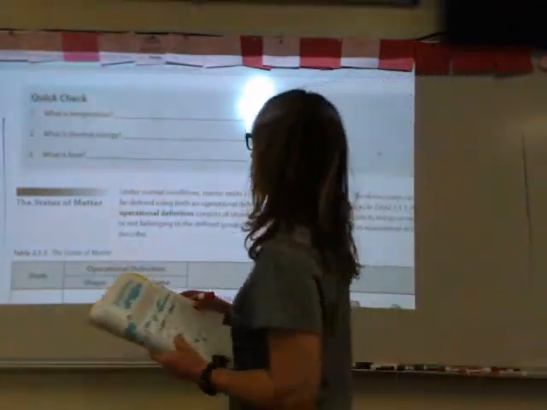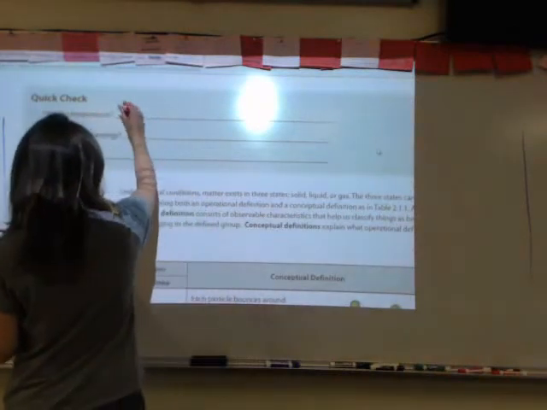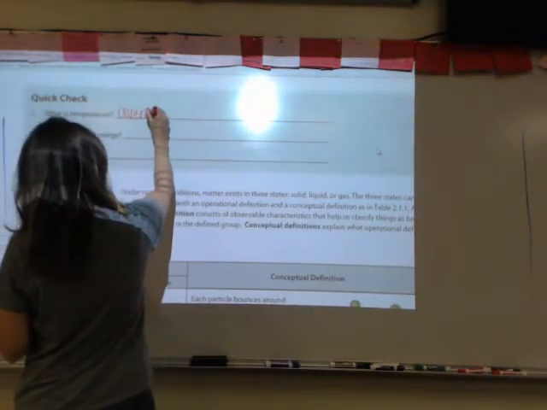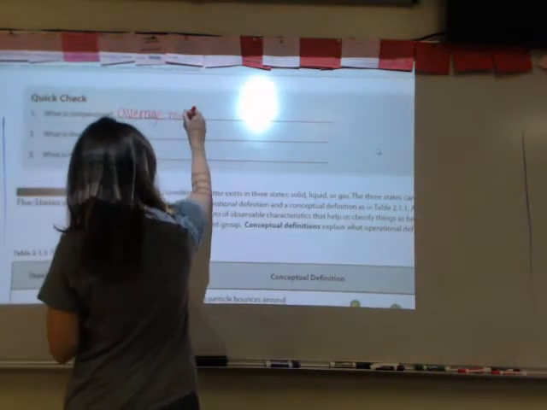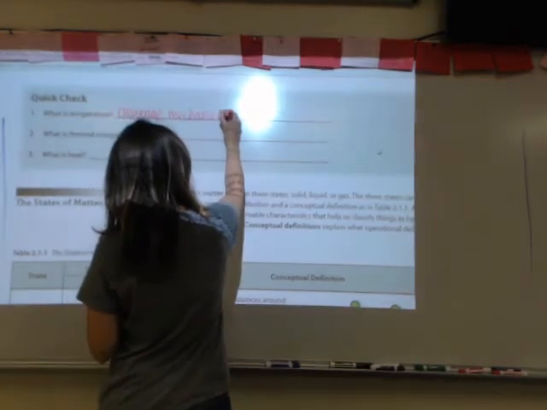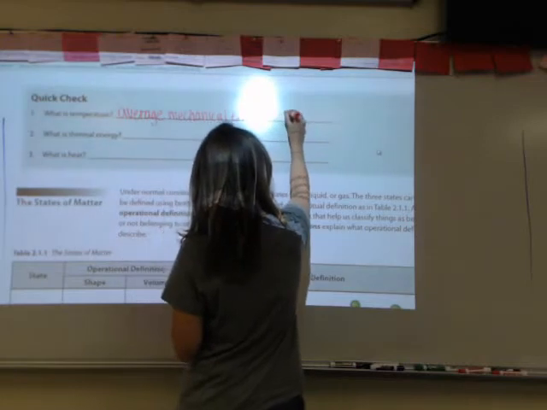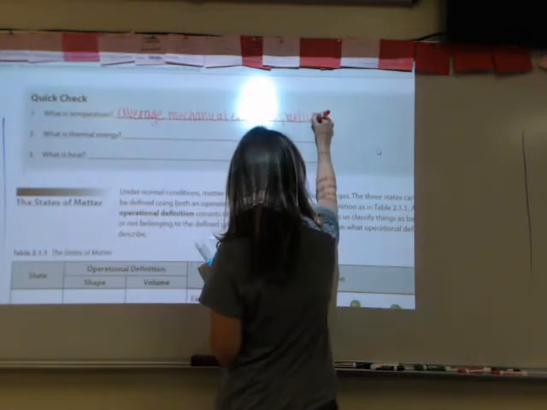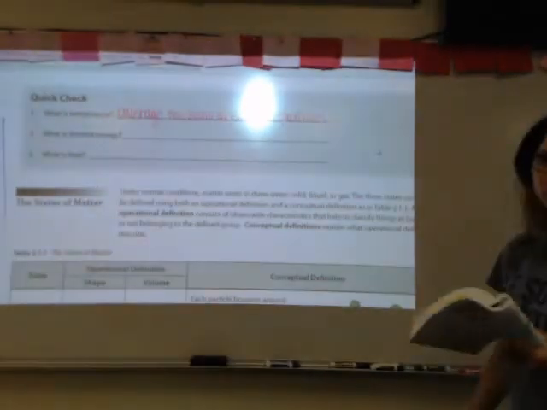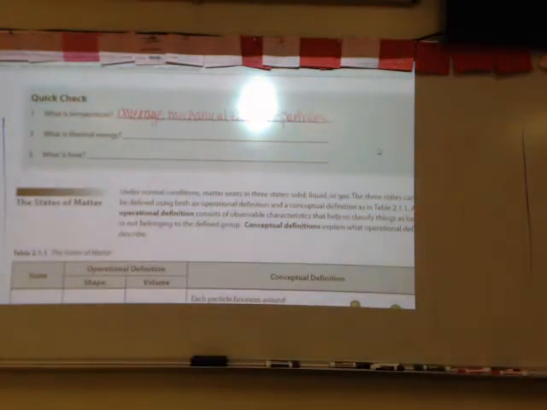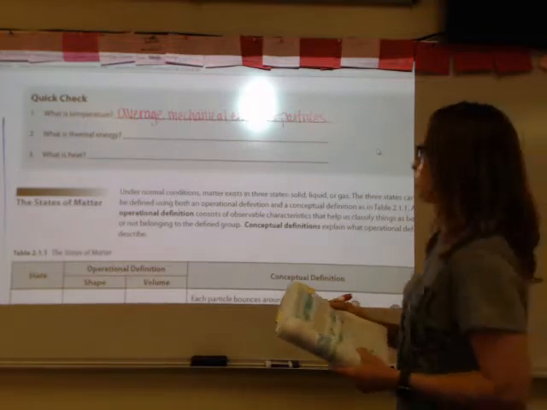What is temperature? So temperature is the average mechanical energy of particles that make up a material. Number 2, what is thermal energy?